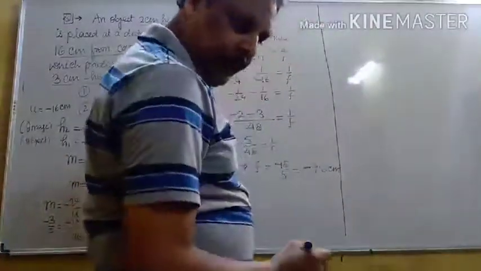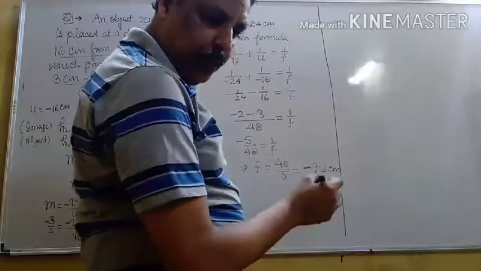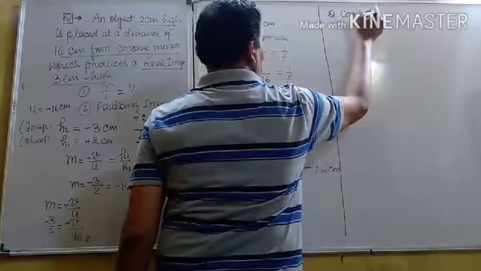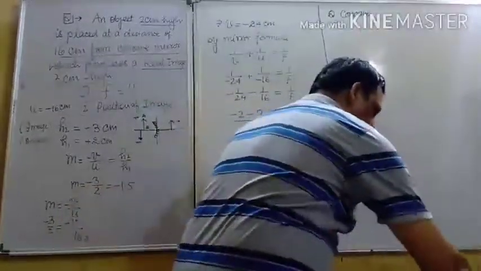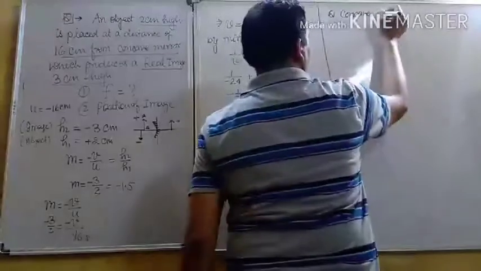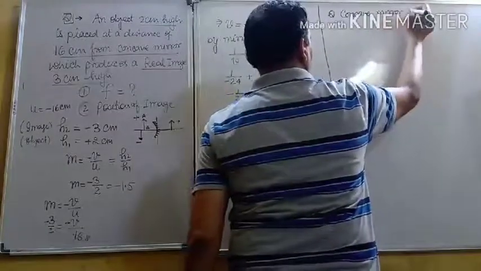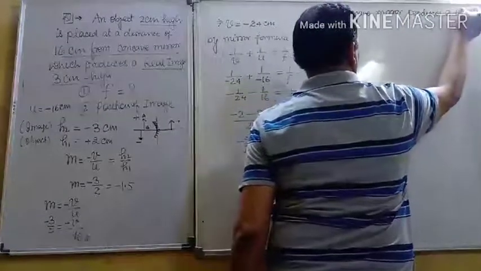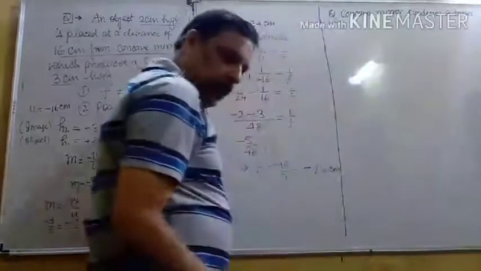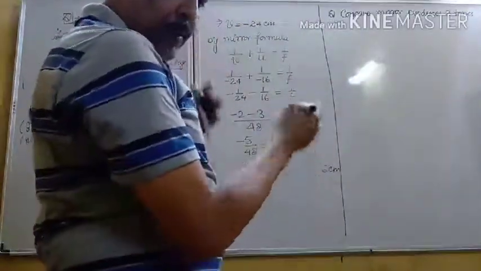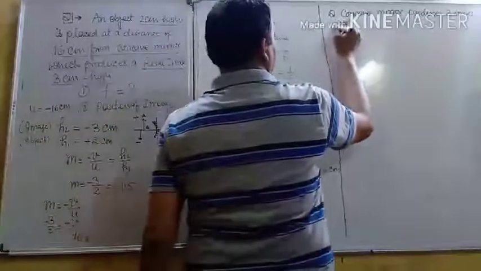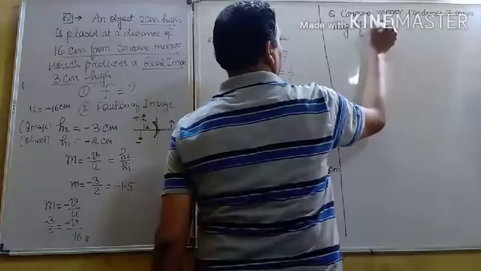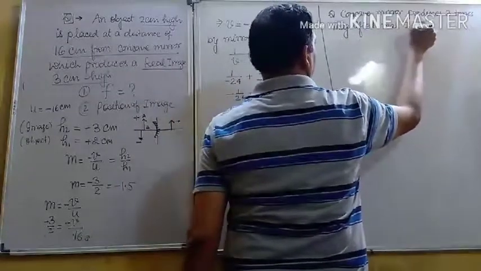The question is: a concave mirror produces 3 times magnified real image.